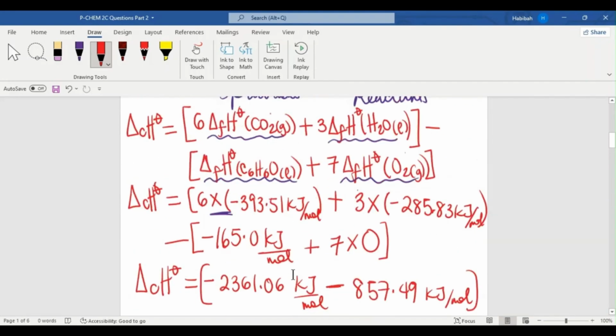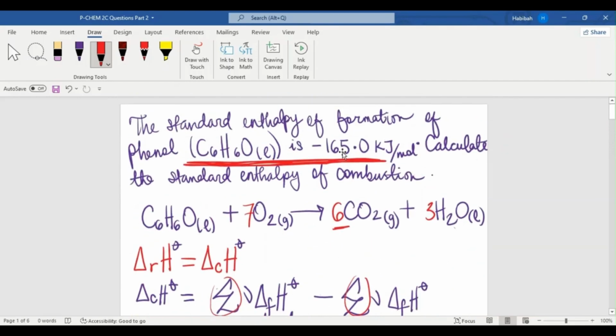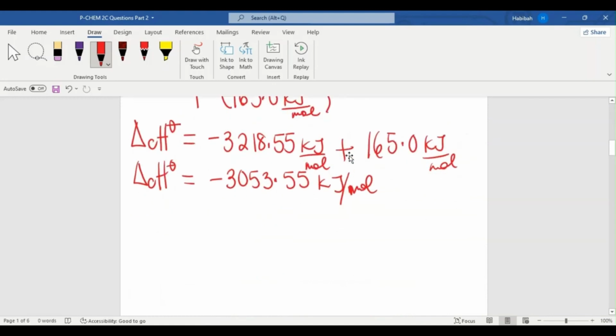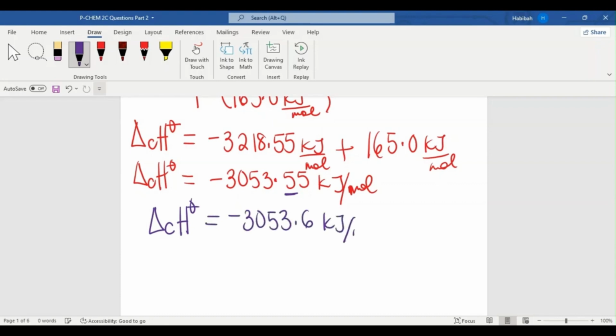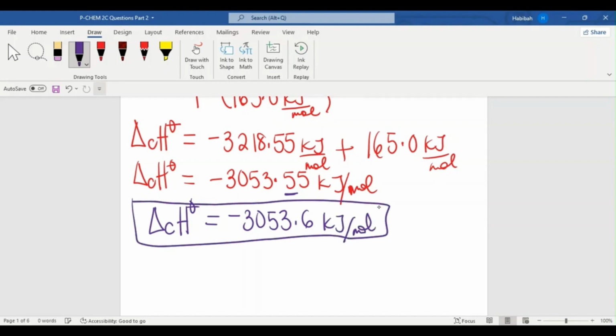If you go back to the question, you would see that the data is given in one decimal place, so we have to do the same thing here. I'm going to rewrite the answer in one decimal place. That's going to be negative 3053.6 kilojoule per mole. So this is the answer in one decimal place, and this is basically how you do this problem.